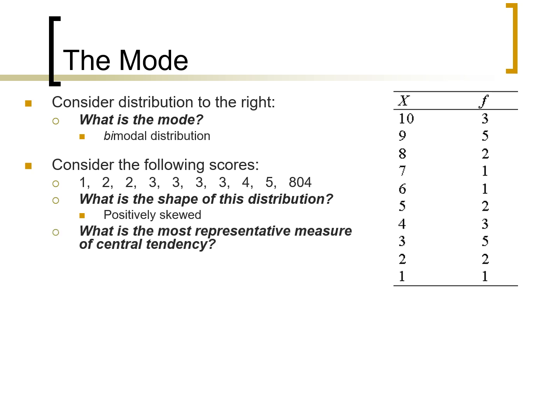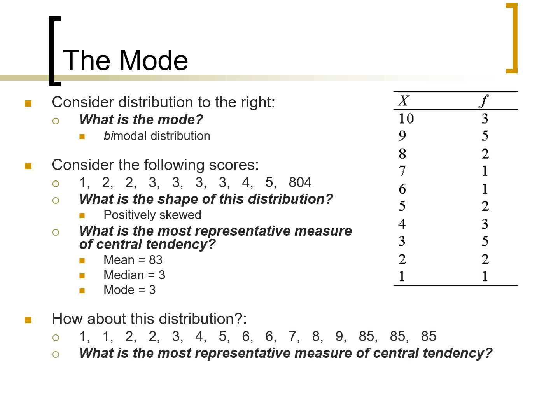What is the most representative measure of central tendency? Well, in this case, it would not be the mean because of the extreme outlier. And we can see if we calculate the exact values, here we see the median and the mode are the exact same thing. That's not always the case, but they tend to stick together more closely when we have non-symmetrical data.